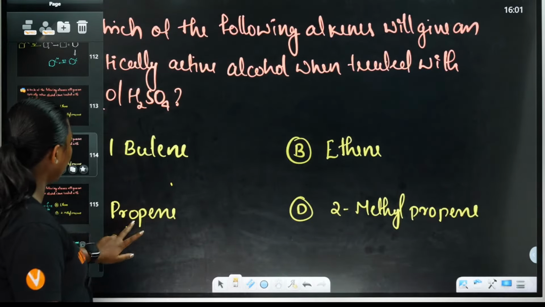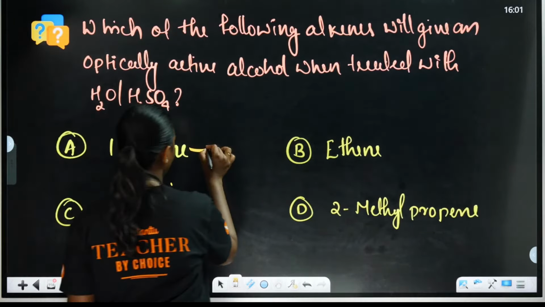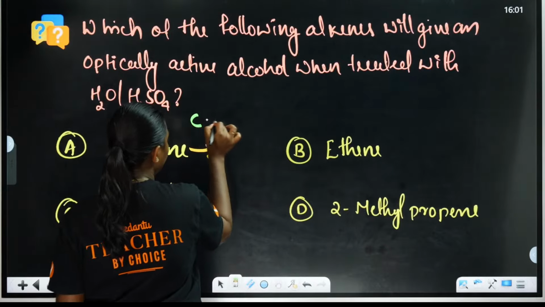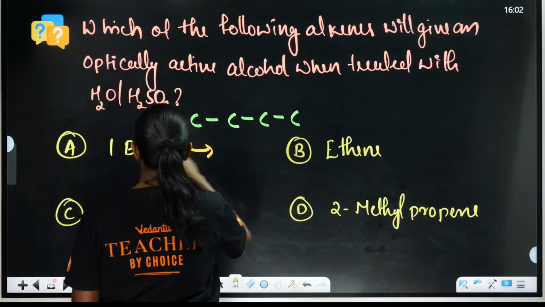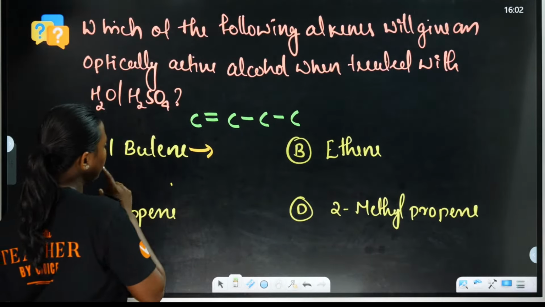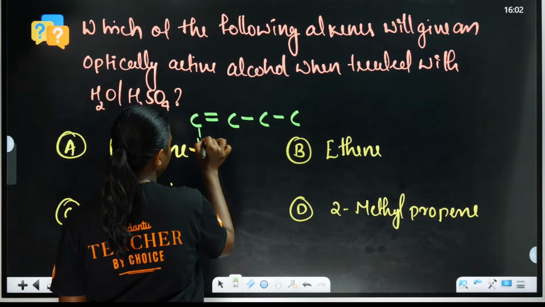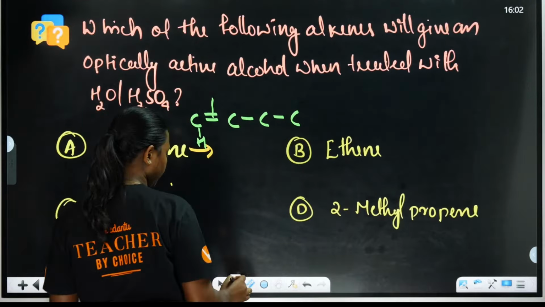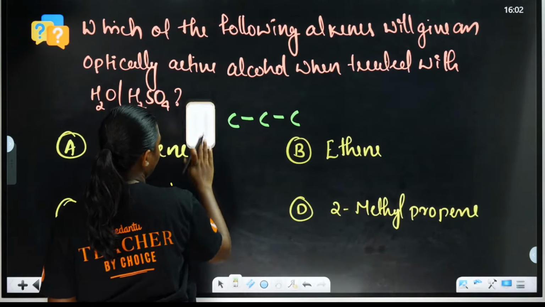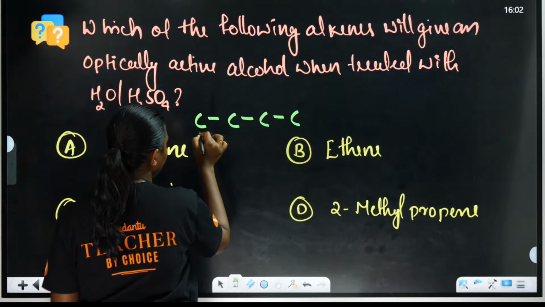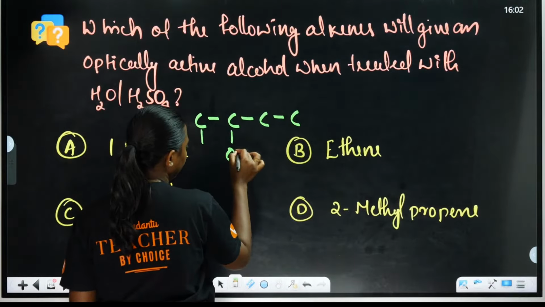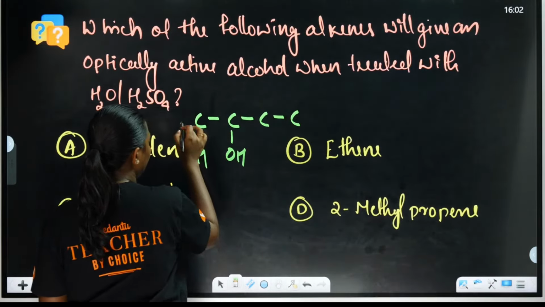But-1-ene, from butene what will we get, meth eth prop but-1-ene. So one side we will get OH, here we will get H.